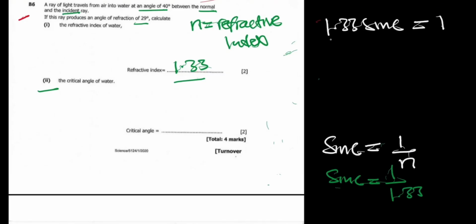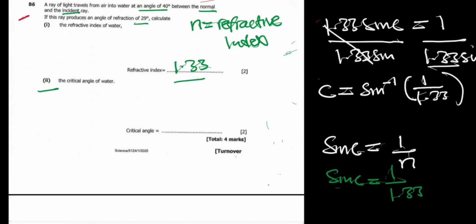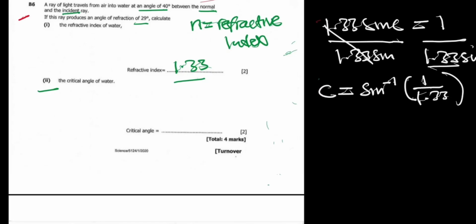So we can now reduce this by saying over 1.33 sine, because we want to remain with C. So this is going to give us the critical angle, and now we can change this into sine inverse of 1 over 1.33. And when you do that, then you can solve for C.